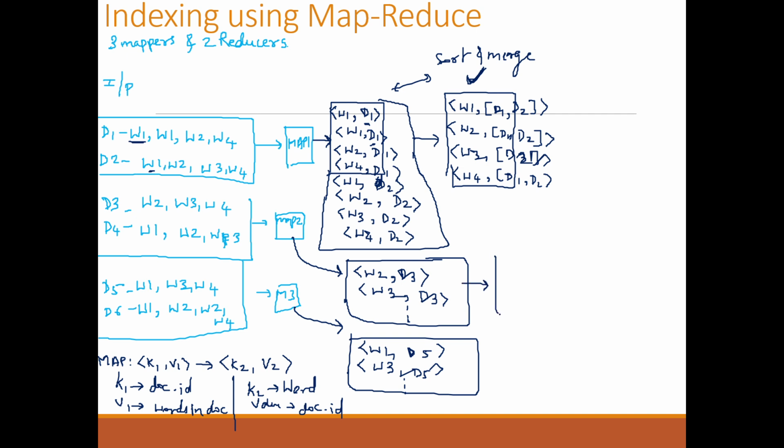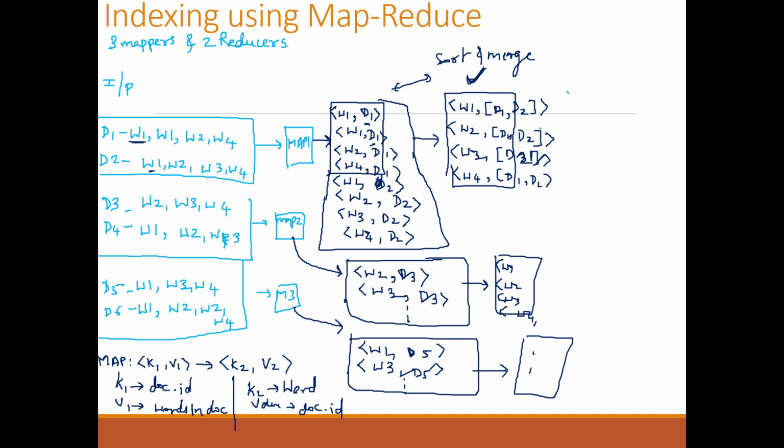Similarly, whatever is visible here also you will merge in a list, and here also you will be merging it in a list. So again here it will be sorted. We have W1, 2, 3, 4 and same here. So this is the output of the sort and merge phase, after which you will be message passing and giving these to the reducers.